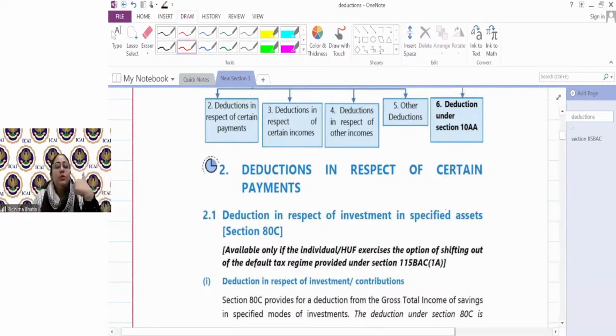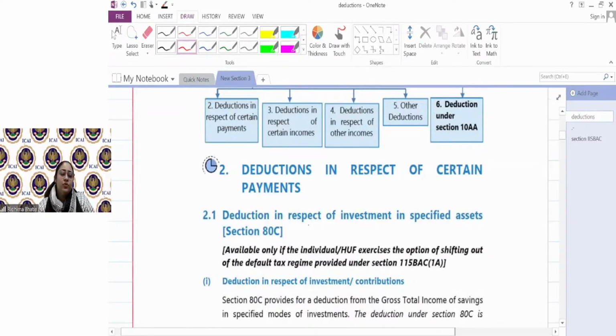Government wants that people should have properties, people should have infrastructure, people should be self-contributing for their futures, people should have their retirement funds planned, people should have their pension plans, people should have investment options, etc. So to induce us to do such things, they give us benefits in the form of deductions, so that we are lured to make such investments. Section 80C is one of the most common tax saving investment options.